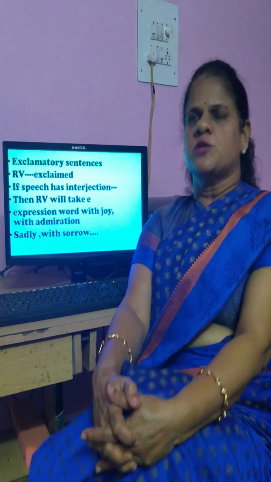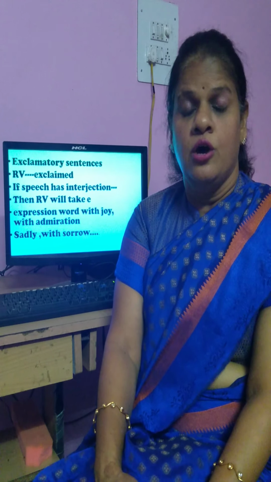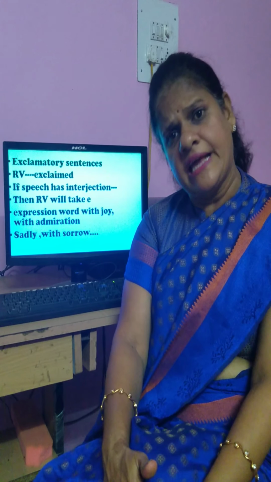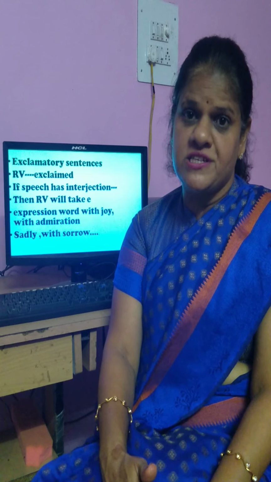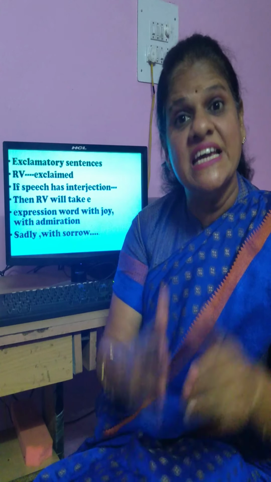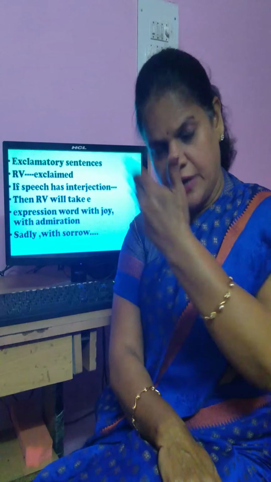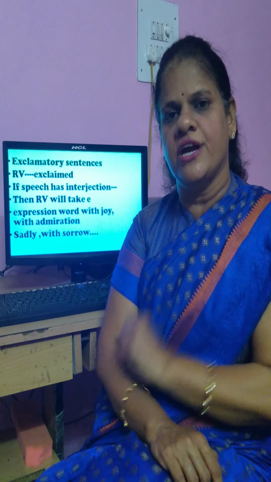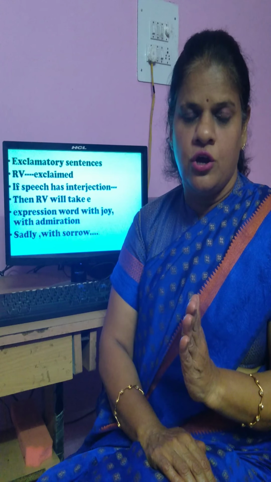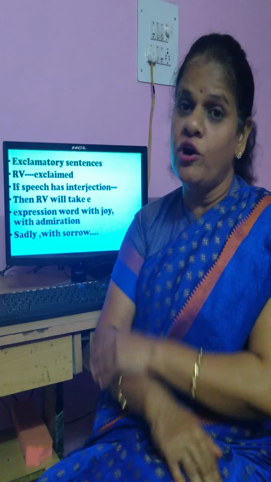If you reveal such expression, you can add with happiness, with joy, with bliss, or happily he exclaimed, something like that. For example, Raj said, what a beautiful building it is. When we change it to indirect speech, we write, Raj exclaimed with bliss that it was a beautiful building.